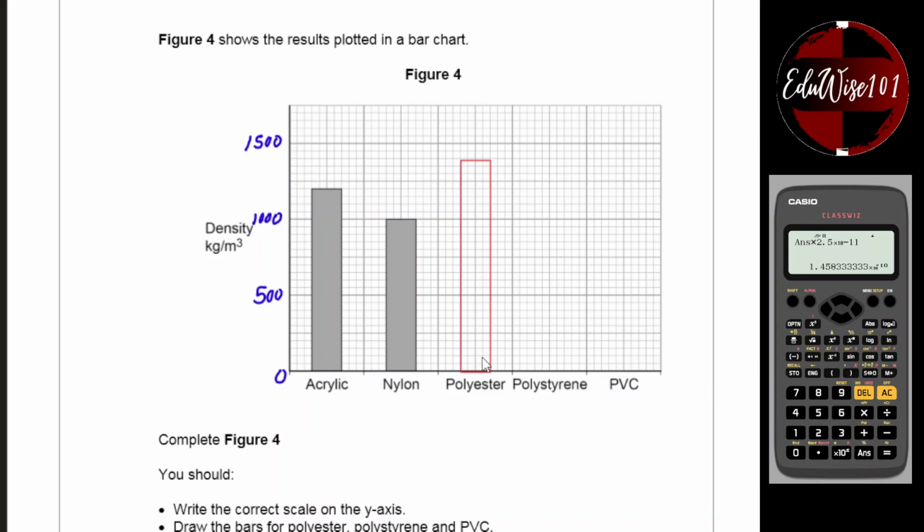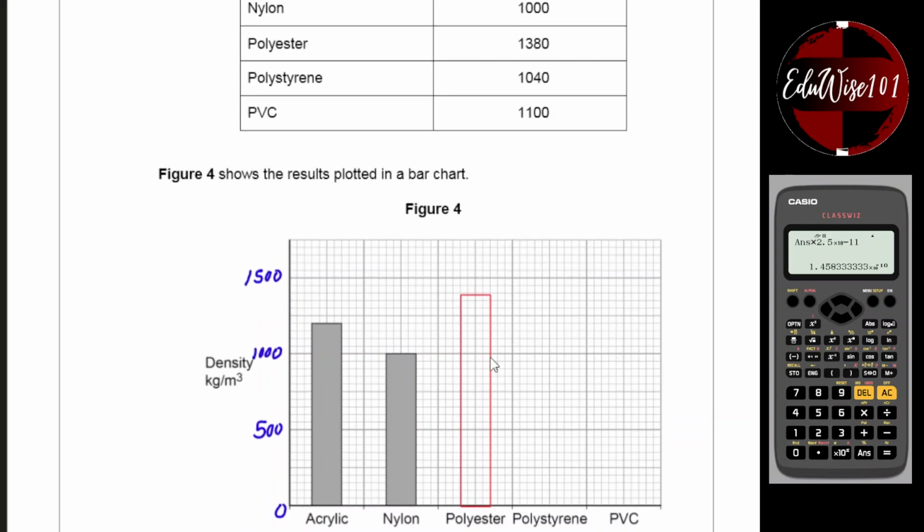So I've left 3 boxes on both sides. The width of the box is similar, so I maintained that width, and it's 1380. So it's going to be very hard to actually get it very accurate because of the scale, but this should be okay, right? It's nearly 1400 here.